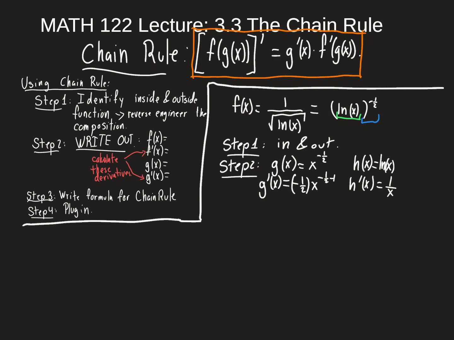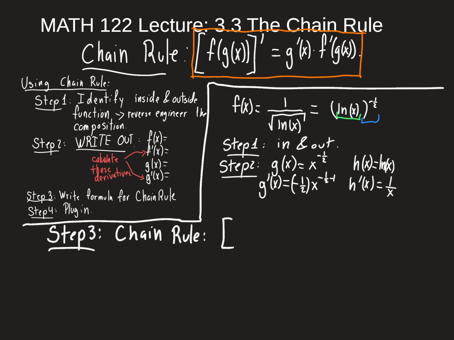Okay, we now move on to step 3, which is going to be the same thing. We're just going to write out that this is the chain rule. And in this case, again, we're going to be reusing this same rule here, but instead of f and g, we have g and h.